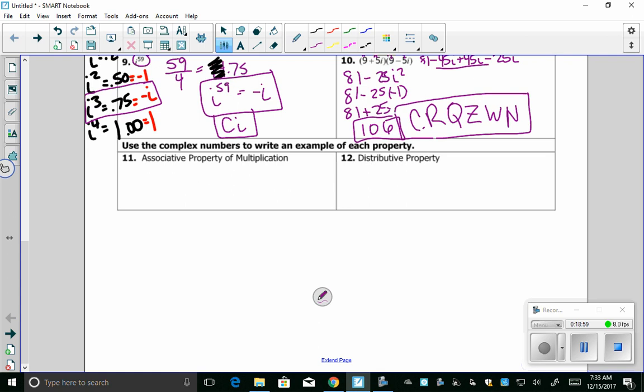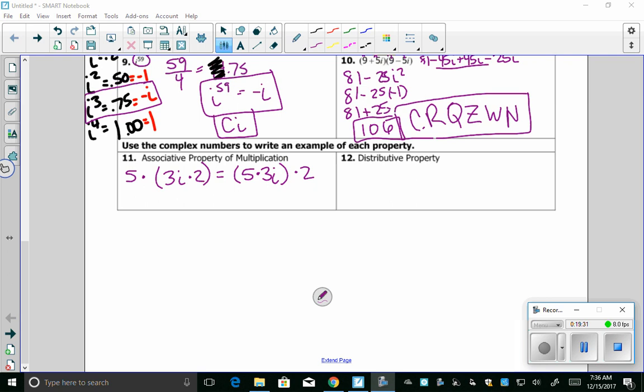So if I have 5 times 3i times 2, I would get the same answer as if I did 5 times 3i times 2 grouped differently. I suggest you also try to write an example on your own and not use mine. That way you can get some practice in it.